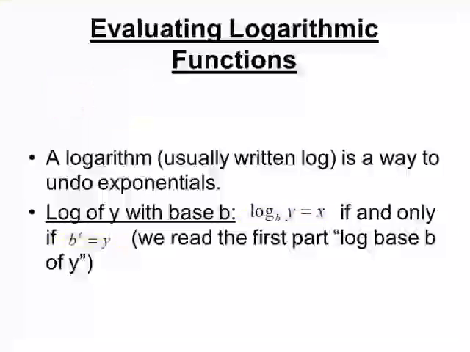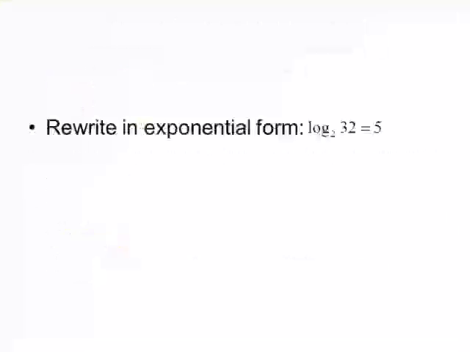So our first type of question is just to practice how to move back and forth between them. We're given a log statement. We want to rewrite this as an exponent statement. The base will stay the same. So the base of this log is that little subscripted number 2. Then the other stuff is going to flip-flop sides.